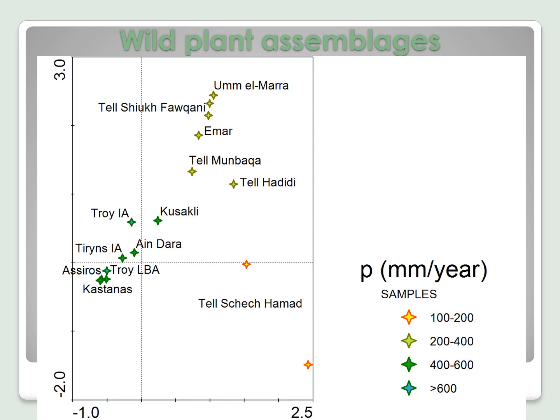Even outliers, such as the position of the Syrian site Ain Dara close to the Aegean sites in the previous diagram, become explainable. Mean annual precipitation at Ain Dara is higher than at other Syrian sites. The wild plant spectrum of Ain Dara is therefore more similar to those of Aegean sites, whereas no such patterns were visible in the analysis of the crop assemblages.